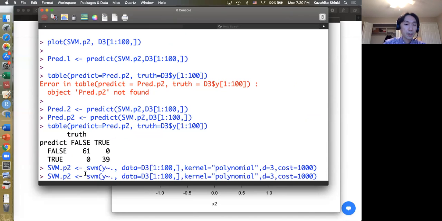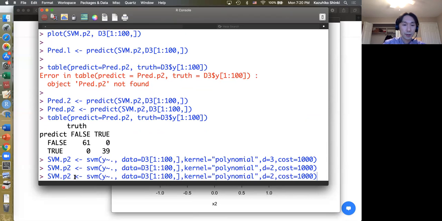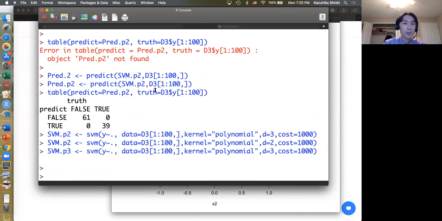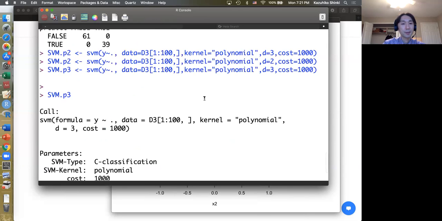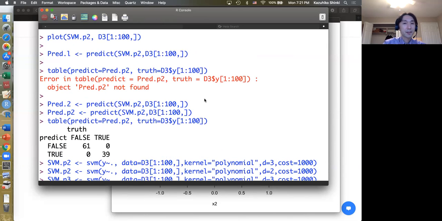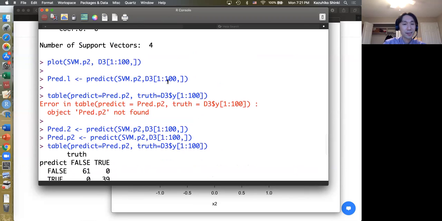We have another object, SVM P3. But it does not look good. The number of support vectors is 86. It's really large, so probably it did not work well. It's not clear what's happening behind the scenes, but actually it does not work.